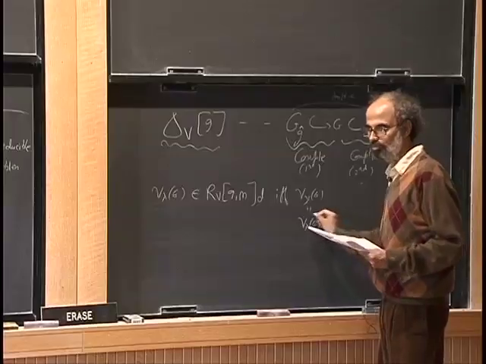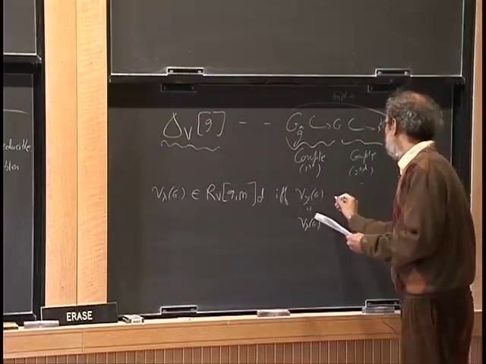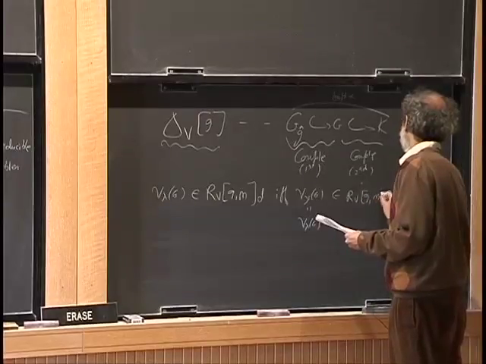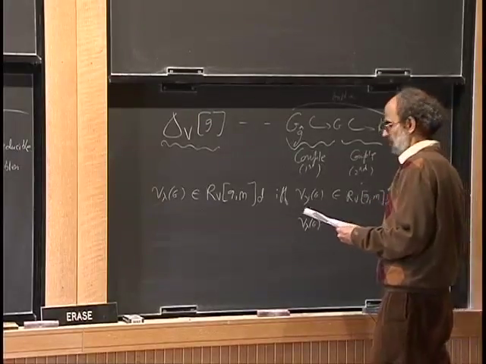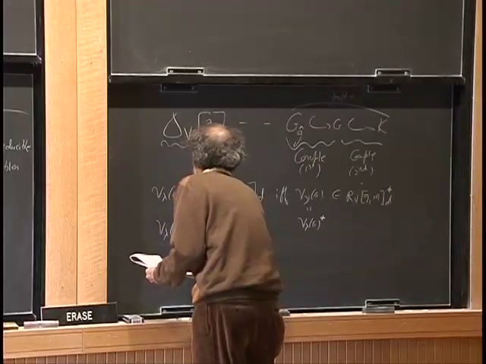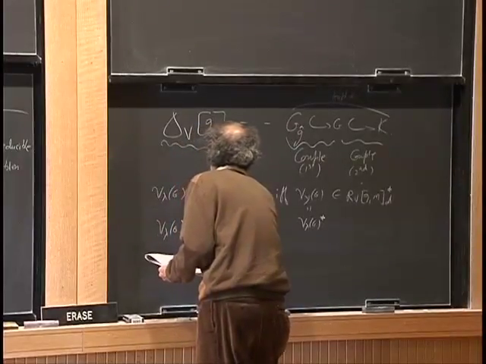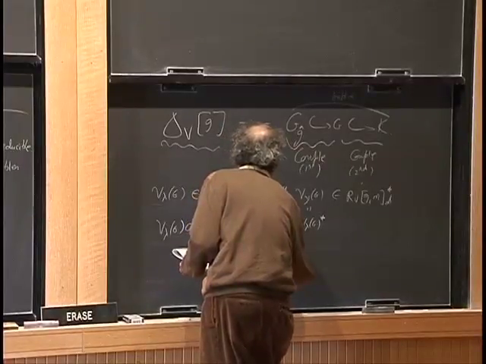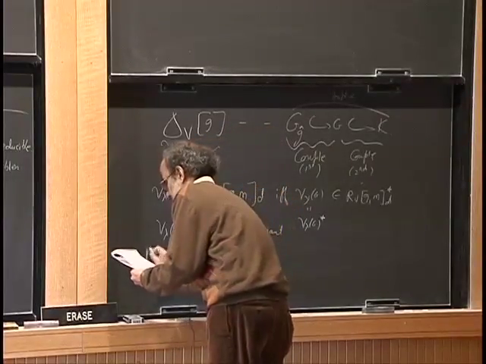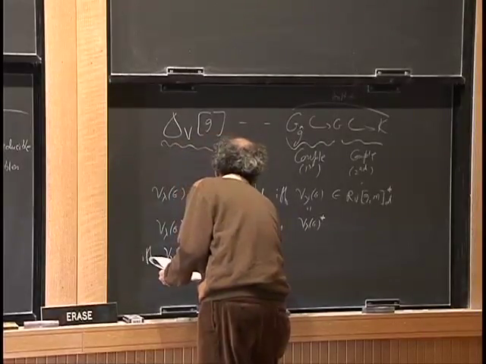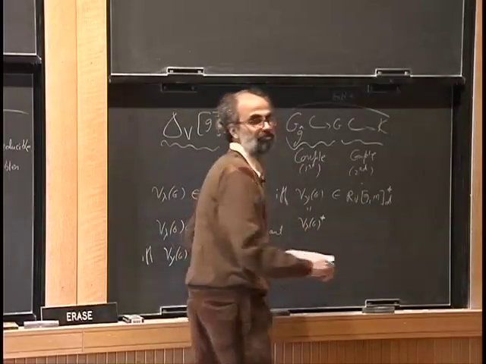So if and only if this dual belongs to RV, all this follows from the reductivity. And similarly V lambda G contains G hat invariant if and only if V gamma G contains G hat invariant.